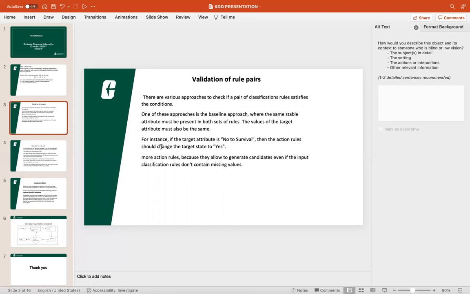For example, if the target attribute is set to no for survival, then action rules should change the target attribute to yes. More action rules, because they allow generating candidates even if the input classification rules don't contain missing values.